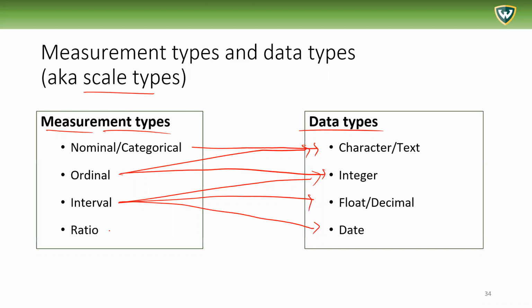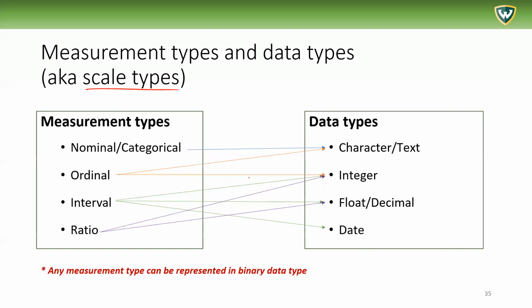And ratio, which has a true zero, is a number with a true zero, and is usually just integer or float in decimal. And I have a nicer chart over here in different colors, so you can take a look. So these are distinguished for sure. But the textbook calls, I think, all of these scale types, although I think scale types is something else that we'll talk about in a second.